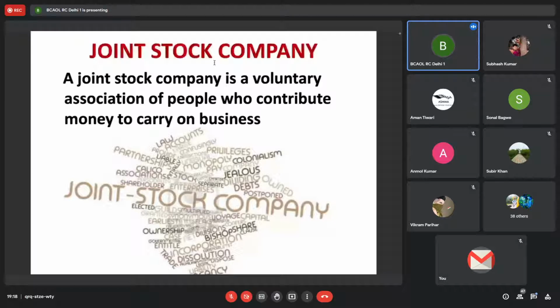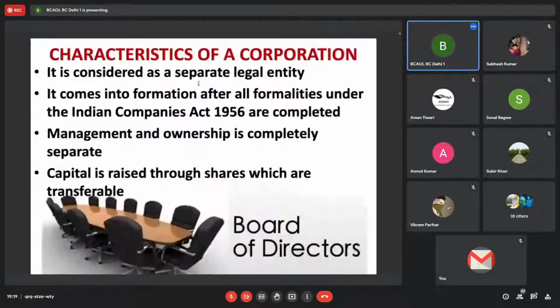That is why the company has its own separate legal entity, its own presence, if I may say, an artificial person, which is born through a process other than natural birth. And that's where the promoters come into play. We will discuss promotion in another 10-15 minutes. A promoter is basically a person who gives birth to the company, the person of contact if you want to establish a company.